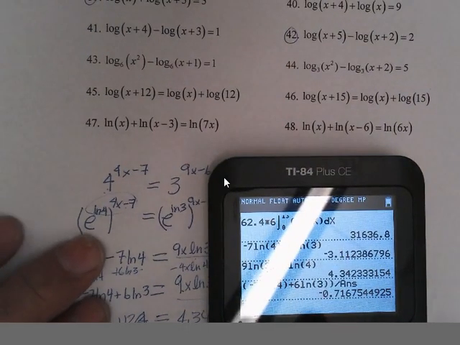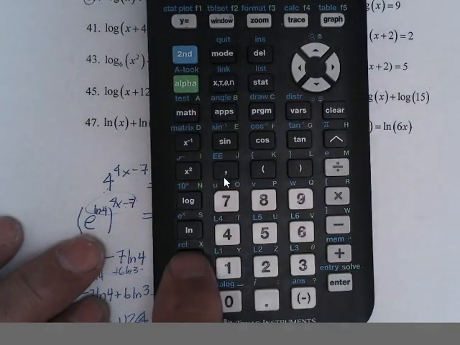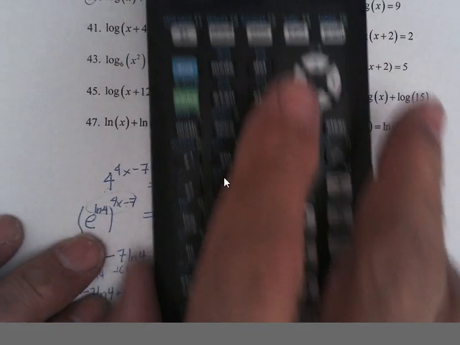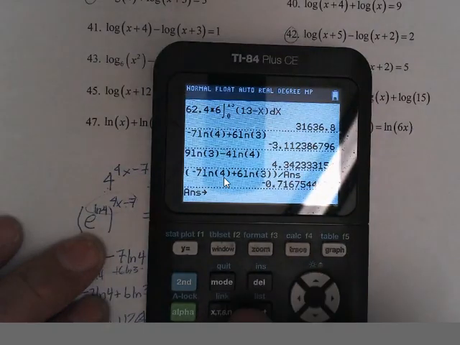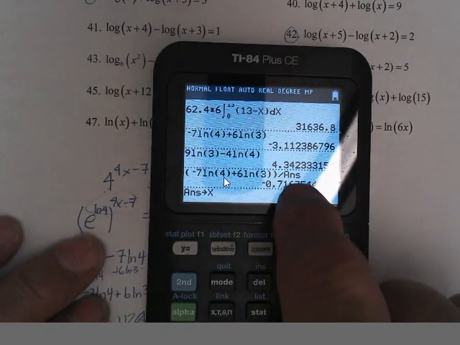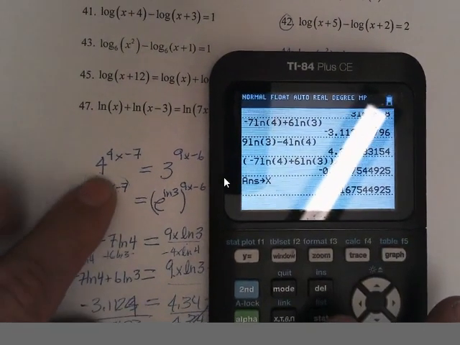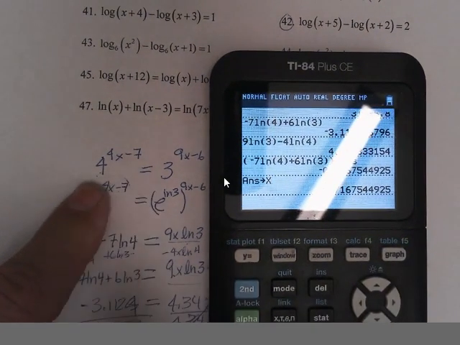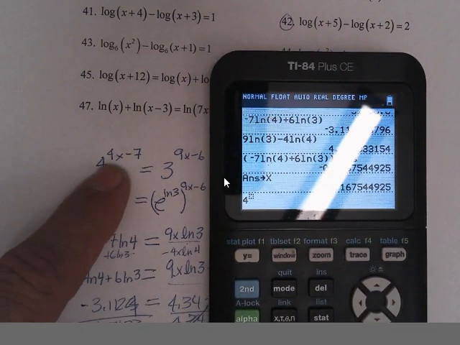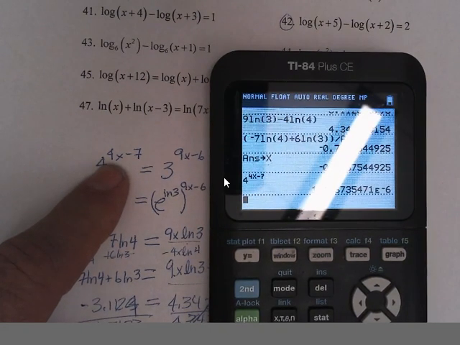Now I'm going to check my answer. I'm going to store this. I'm going to go to store and into x, my answer here. And if I've done this correctly, I should be able to type this side in, 4 to the power 4x minus 7, and I get this number. It's really small. It's times 10 to the minus 6.